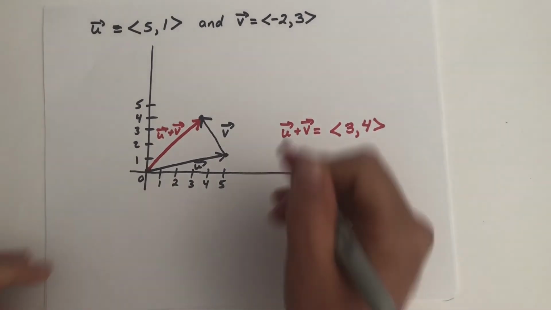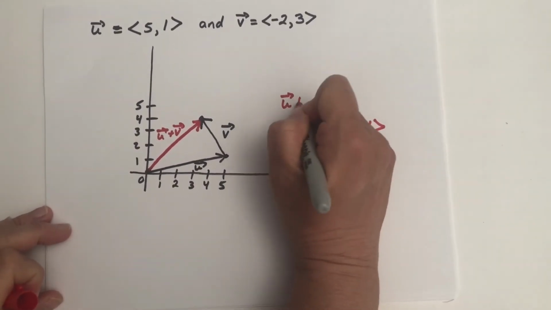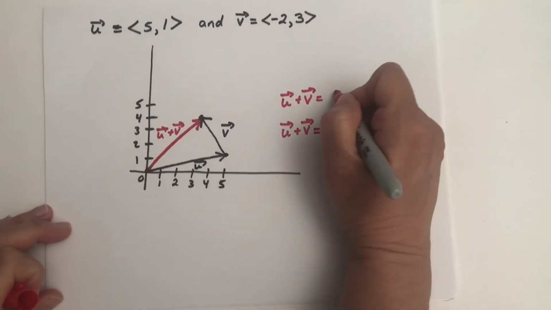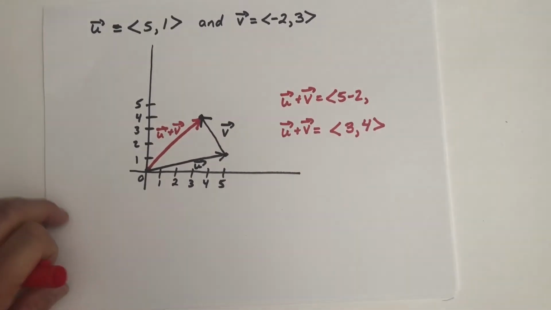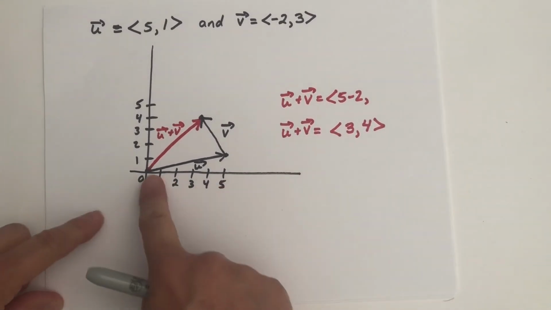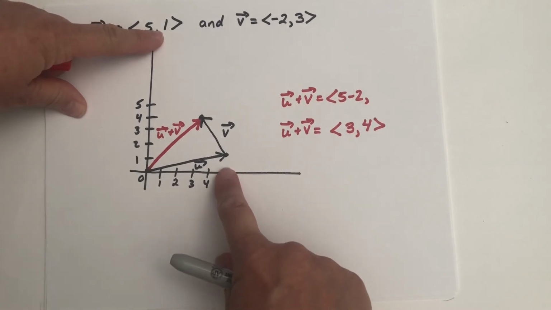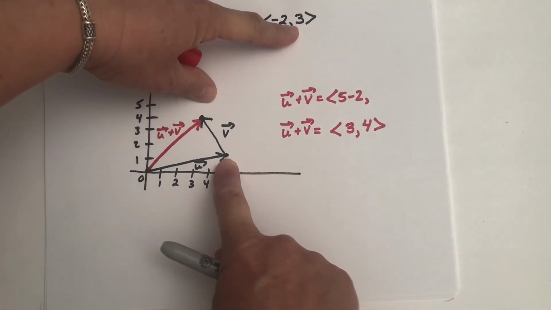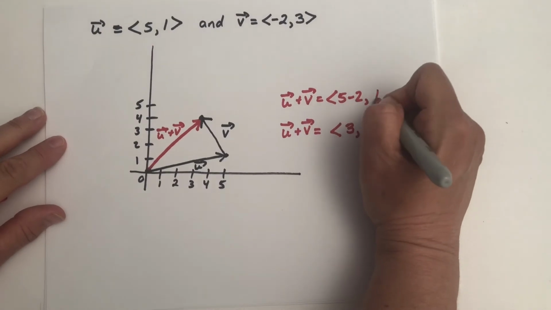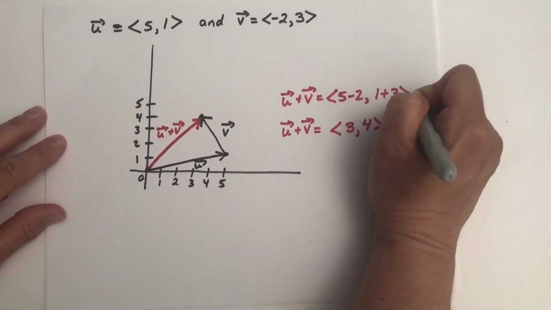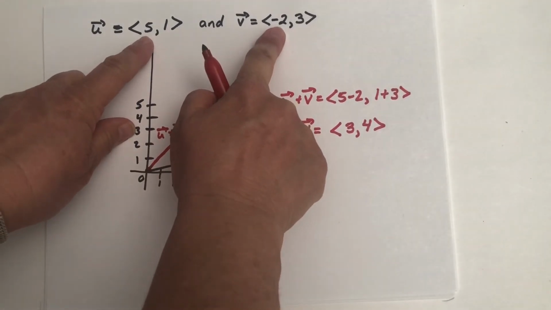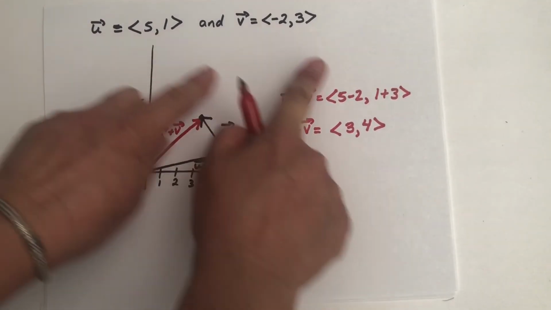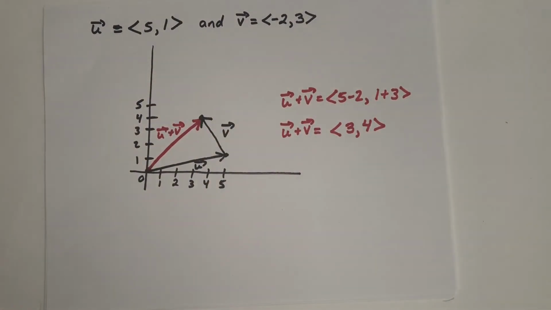So in fact, u plus v came from 5 minus 2, or 5 plus negative 2, and the 4 came from the fact that we moved in the y direction 1, and then in the y direction 3 more. So the y component came from the 1 plus 3. So to add two vectors, it seems to be the case that you add the x components and y components together. And in fact, that's true.